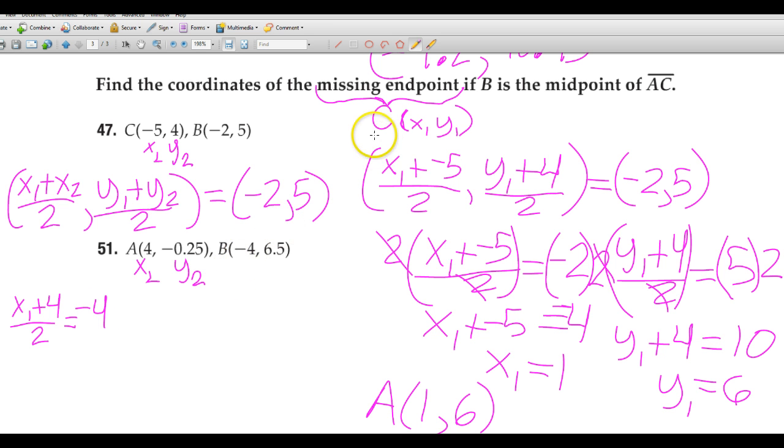And for the y's, y1 plus y2, or -0.25, divided by 2 is equal to the y-coordinate of the midpoint.